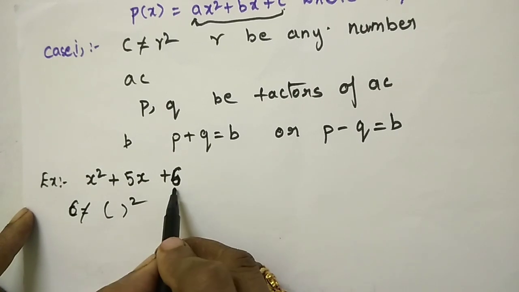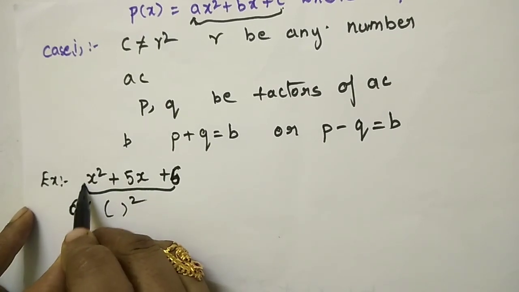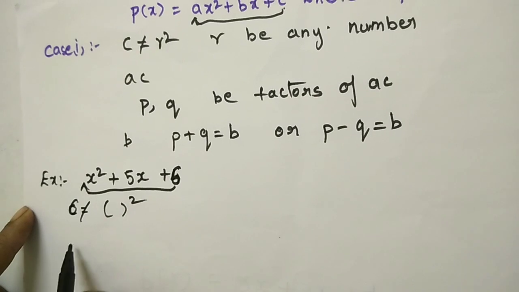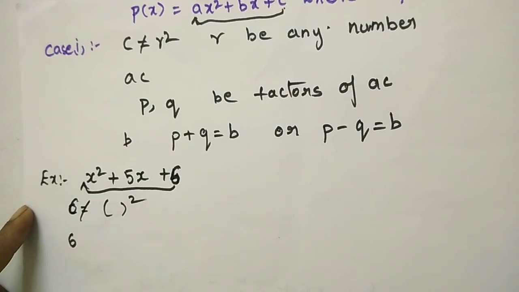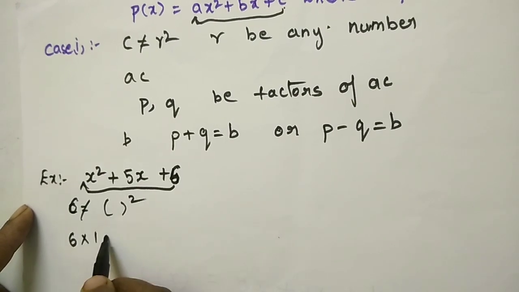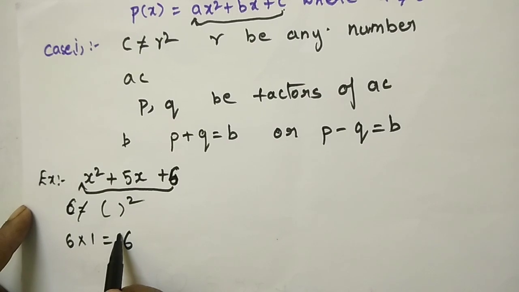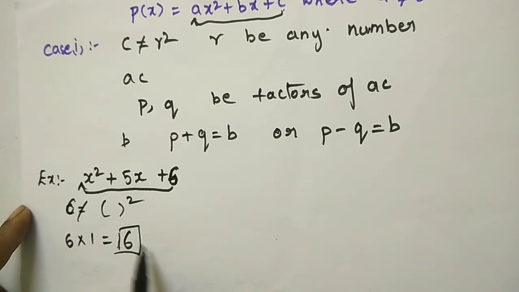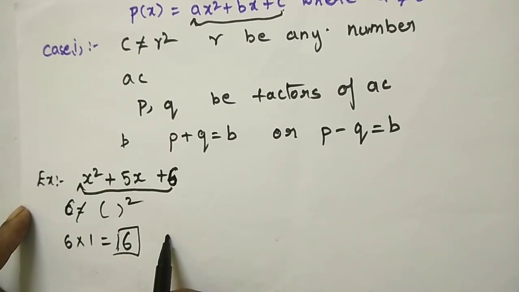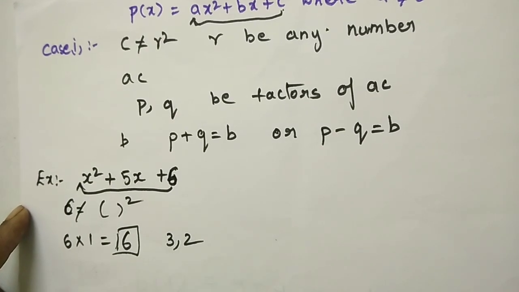So, simply multiply the constant term with the coefficient of x square. We will get 6. 6 into 1 is equal to 6. Next we have to find the factors of 6. The factors of 6 are 3, 2.